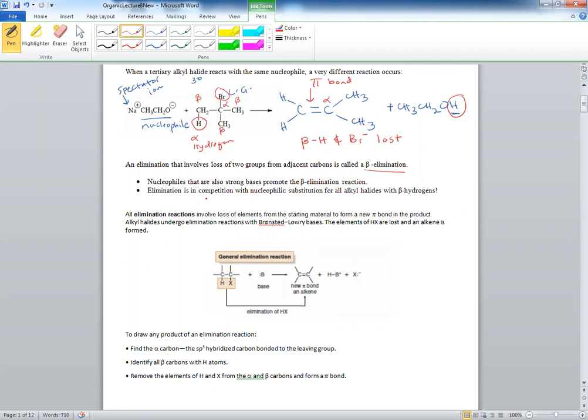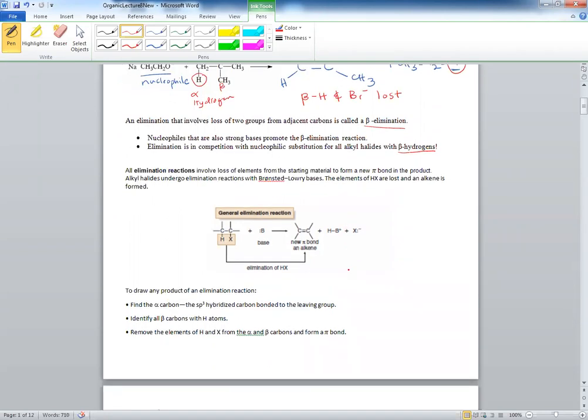And of course, the elimination is in competition with nucleophilic substitution for all alkyl halides with beta hydrogens. So that's the key: we're no longer just saying, okay, this is a nucleophilic substitution, it has nothing to do with elimination. They are overlapping. So now you actually have more reactions competing against each other.